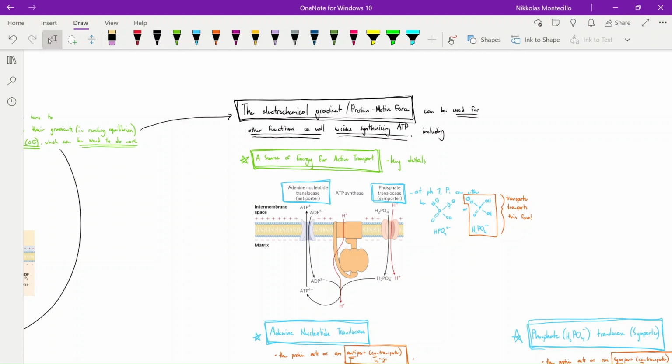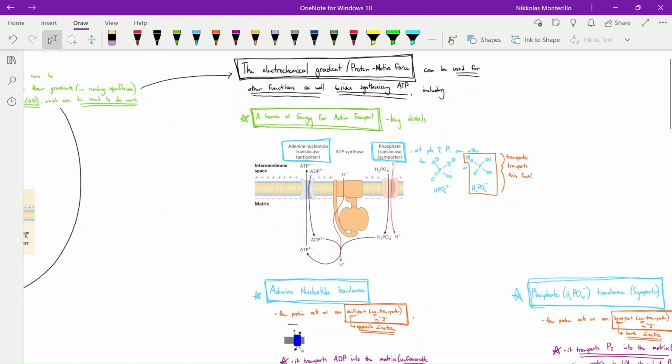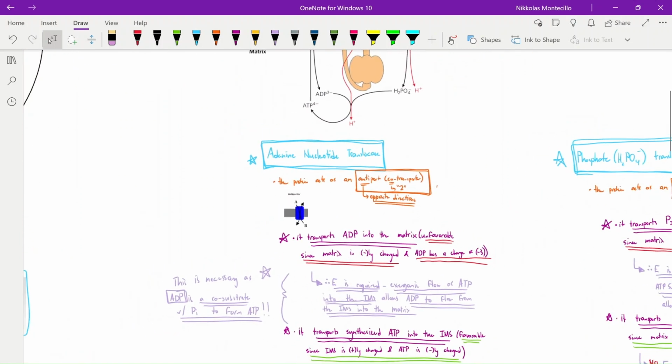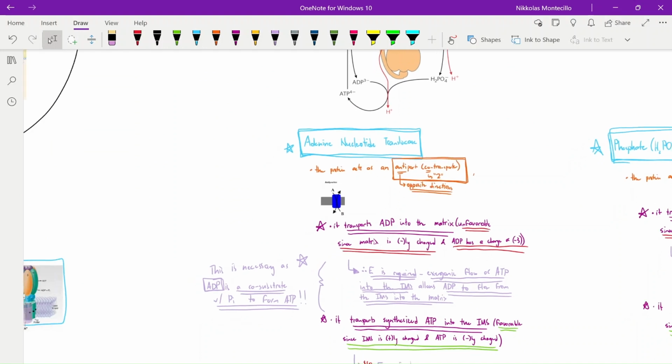So, let's take a look at adenine nucleotide translocase. Translocase refers to the transport of a molecule, right? And in this case, what's being transported is an adenine nucleotide.